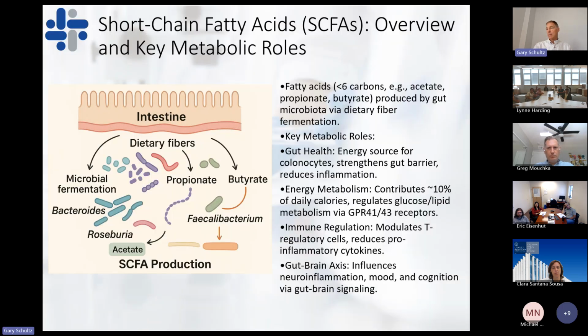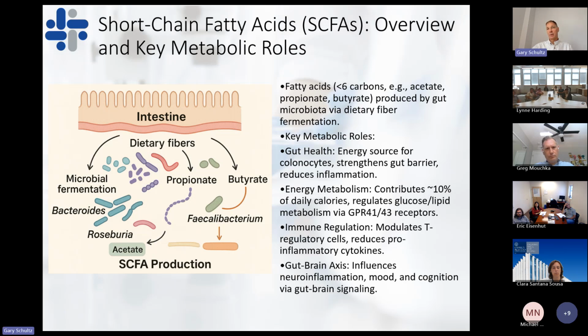So one of the areas of interest today is the analysis of short chain fatty acids. And these fatty acids are typically less than 6 carbons in length. They exist within the gut microbiota and arise via dietary fermentation within our digestive system.